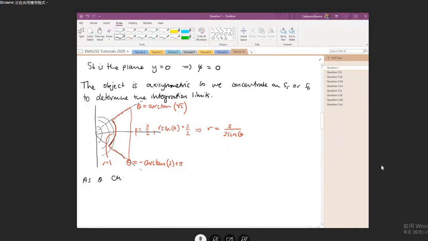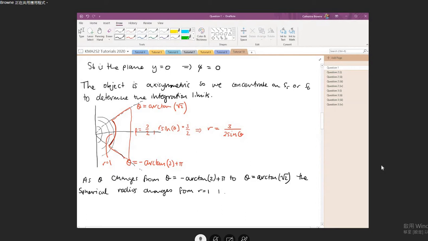So as theta changes from minus arctan 2 plus pi to arctan root 2, the spherical radius changes from r equal 1 to r equals 3 on 2 sine theta.